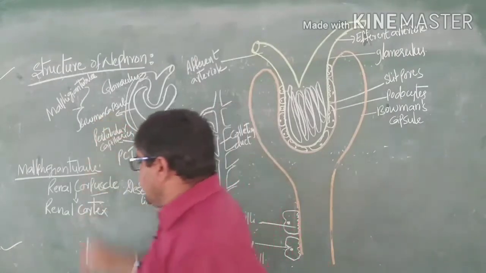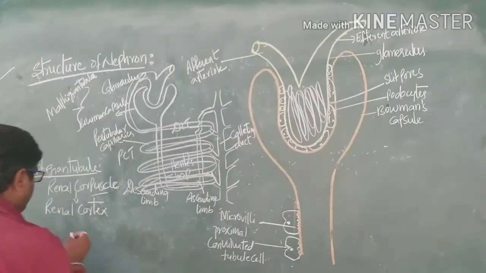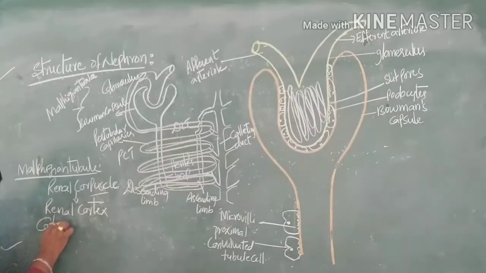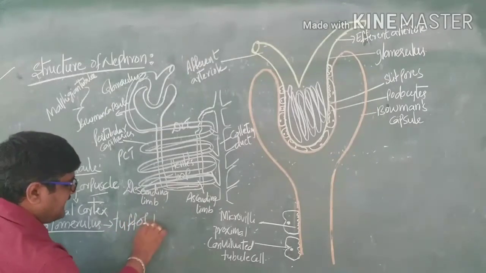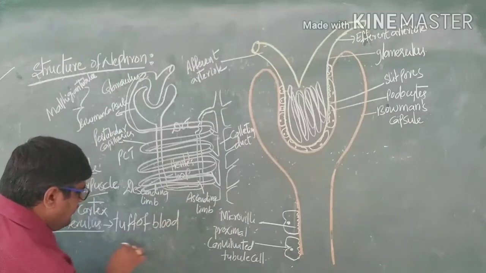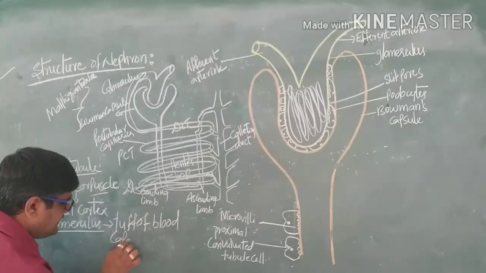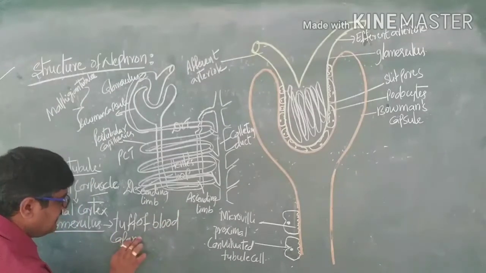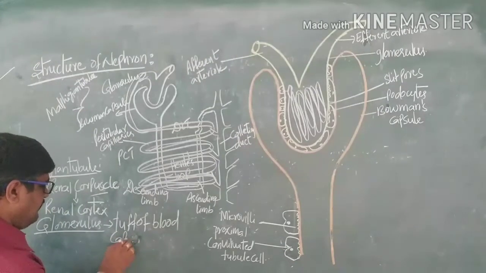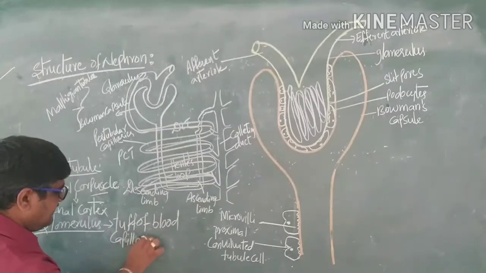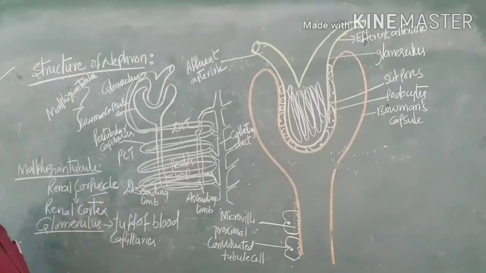So what is the glomerulus? It is a tuft of blood capillaries present in the Bowman's capsule.